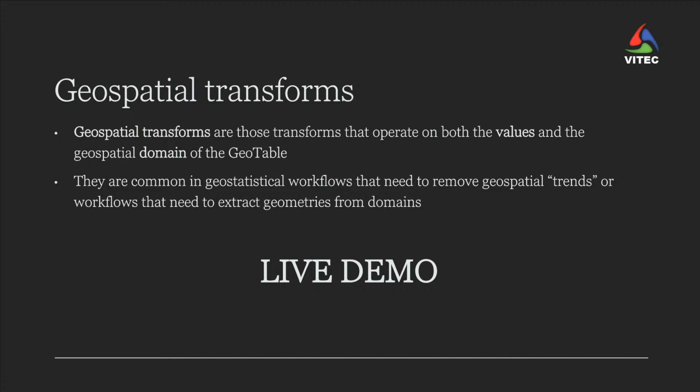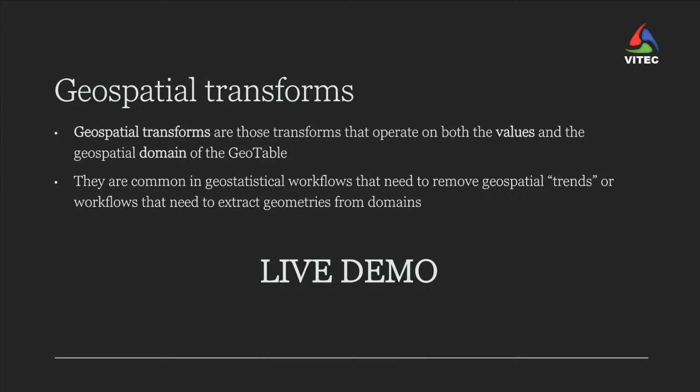Geospatial transforms are the ones that consume both the values and the domain of the geotable and produce a new geotable with these 2 potentially modified, right? These are very common when you're doing geostatistical work because one thing that geostatistics does that statistics doesn't is consume the domain and the values at the same time.